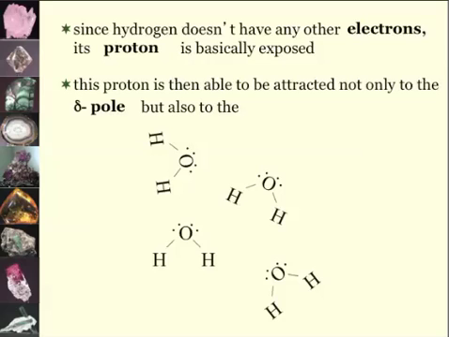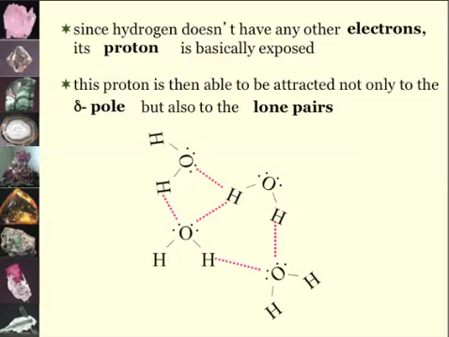So this proton is then able to be attracted not only to the electronegative pole, but also to the lone pairs. Okay? So we see an orientation kind of happening like this. And this is why water is so polar and it bends and this sort of thing.